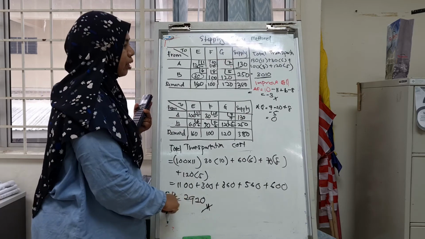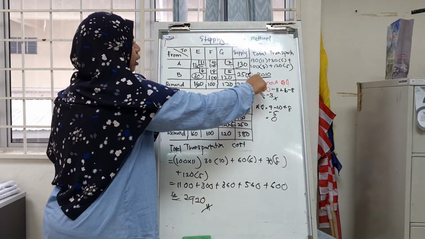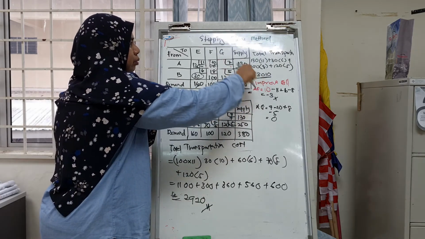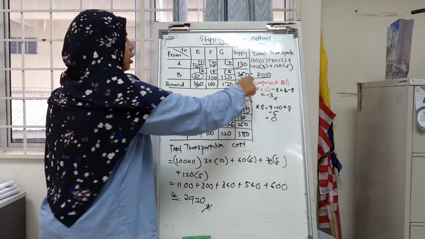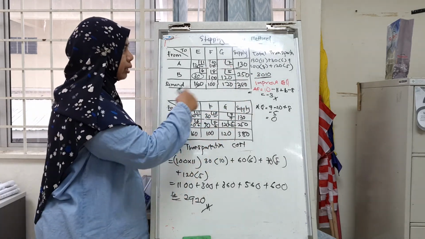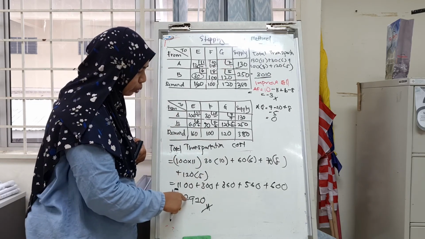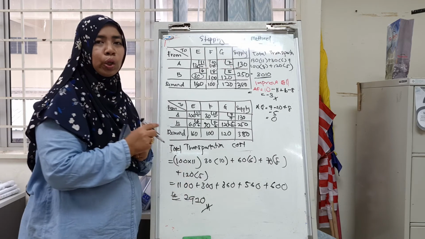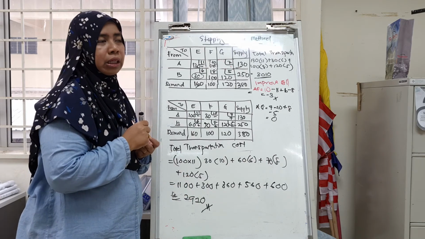The answer is 2920. Before this, when we calculated using the northwest corner rule, the answer was 3010, but when we do the stepping stone method, the price is lower, which is 2920. So this is the stepping stone method.